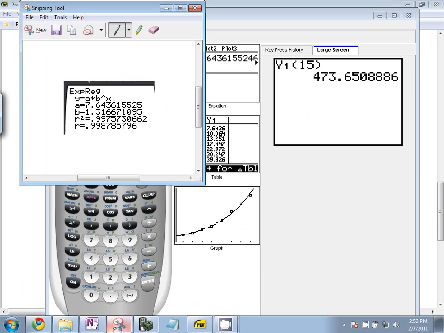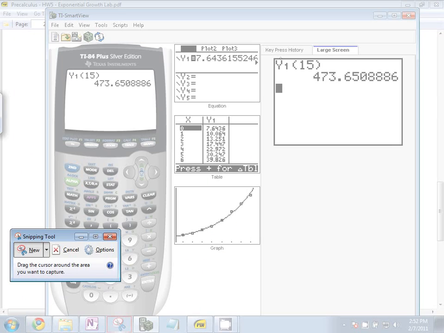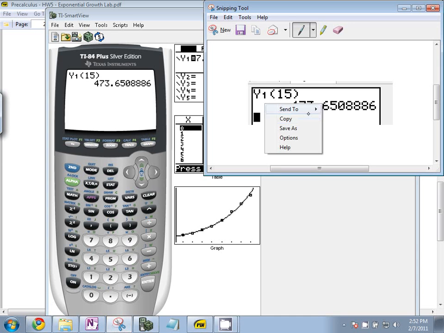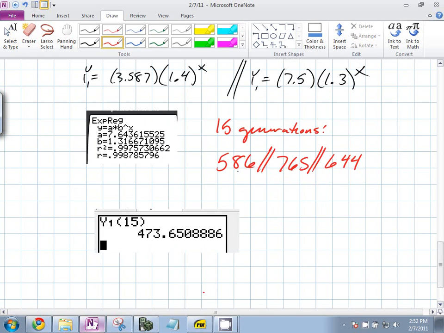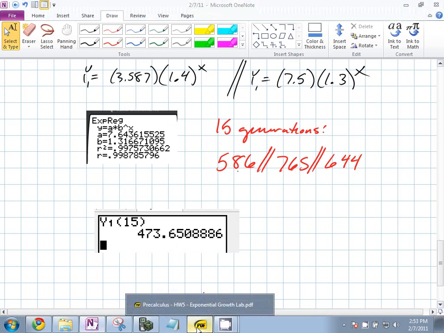But are these at least in the same relative area? It would be strange if the answer was something like 113,000, which we did before. Remember when we had quartic models that spiked way up when it was supposed to just go up gradually, and we'd get into like 68 billion or negative something? Always check reality. After 15 generations, would it make sense if there was a million of these things? No, it would not. Okay, so moving on, let's go to 3 here.